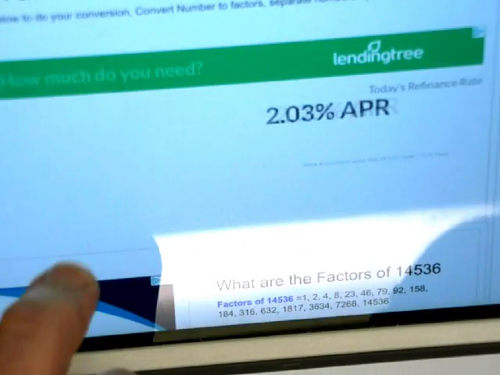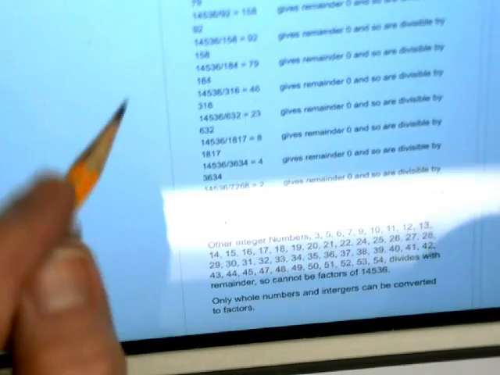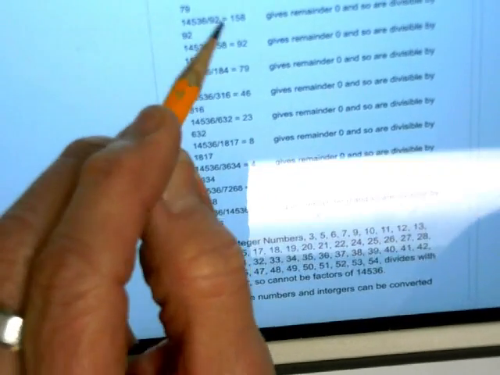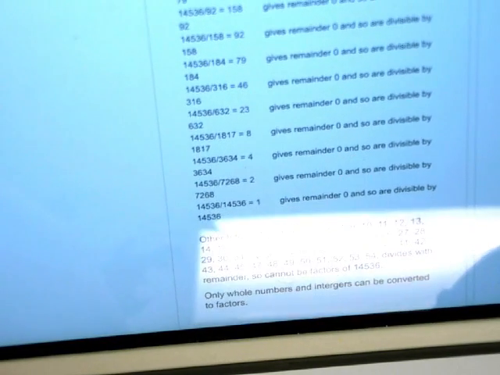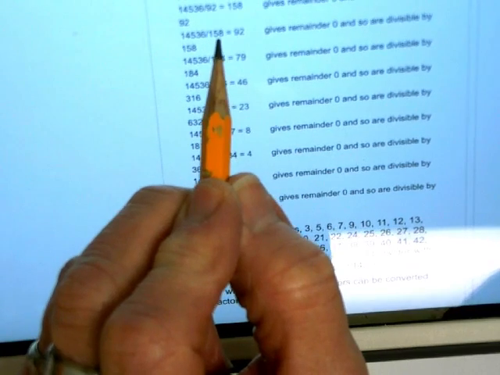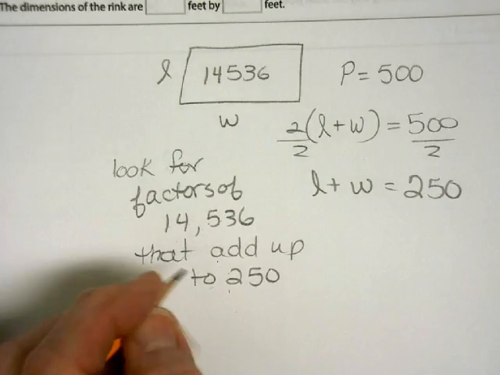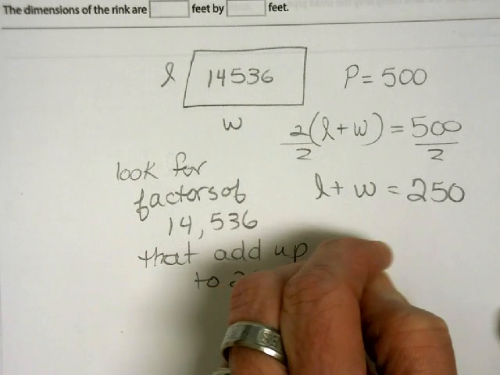Okay, see if it shows up better. Okay. 92 and 158 add up to 250. Right on there, up here at the top.